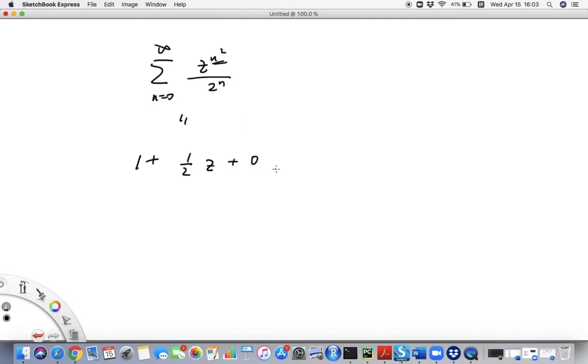So that's 0 z squared plus 0 z cubed plus z to the 4, and then a bunch of zeros. Then when n is equal to 3, that's z to the 9 over 8. Okay, so that's your series.